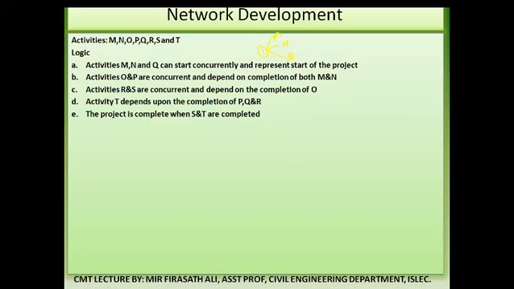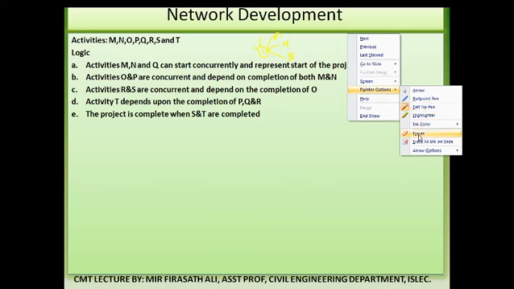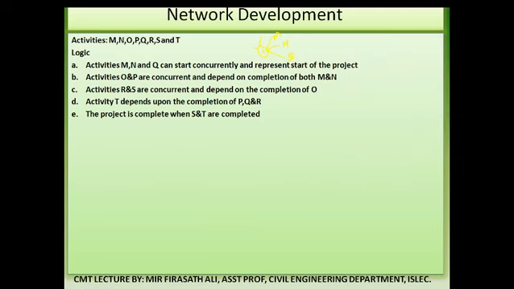So this was nothing but the starting of the project, which always starts from event 1. So from 1 what happens? Sorry, these things are not that visible. I'll change the ink color. Now I hope these are visible.